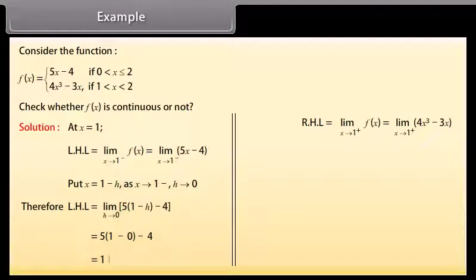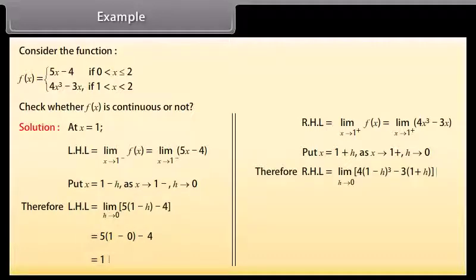Right-hand limit is equal to limit x approaches 1 plus of f(x), which is limit x approaches 1 plus of 4x³ − 3x. Put x = 1 + h. As x approaches 1 plus, h approaches 0.